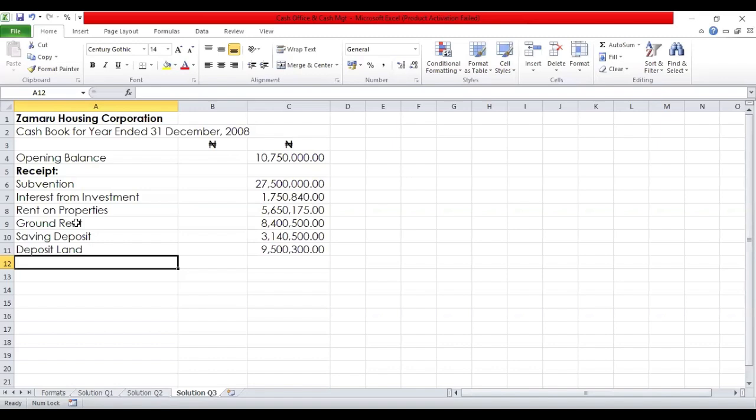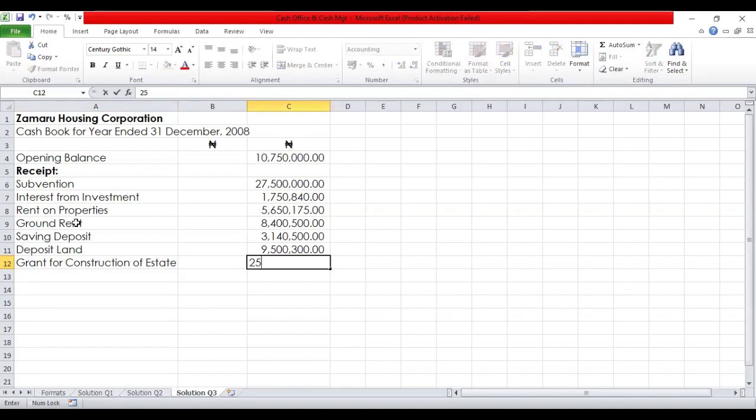Grant for construction of estate. How much? 25 million, 650,750.